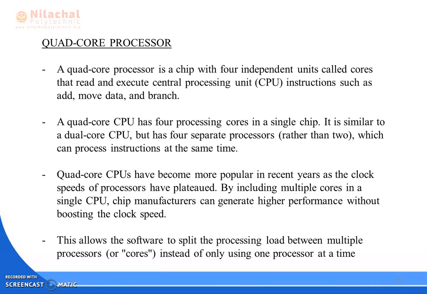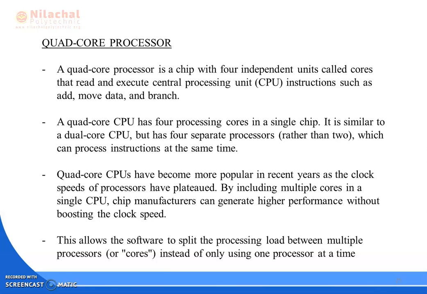Quad-core CPUs have become more popular in recent years as the clock speed of the processor has been very much improved. By including multiple cores in a single CPU, chip manufacturers can generate higher performance without increasing the CPU speed, or without increasing the clock speed.